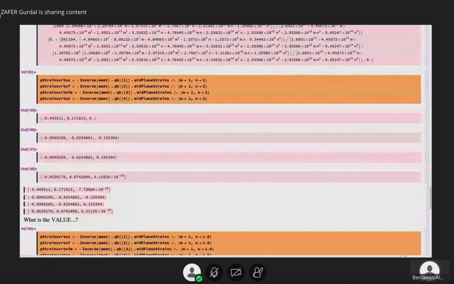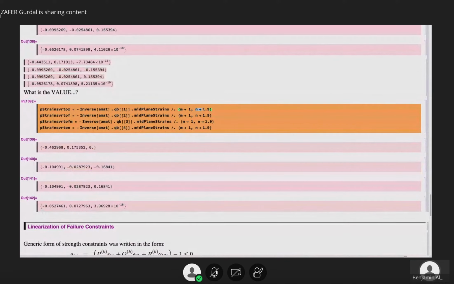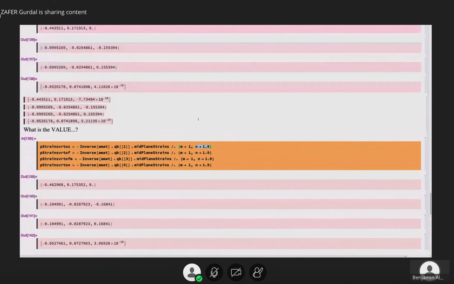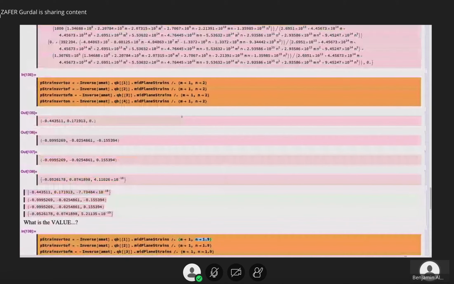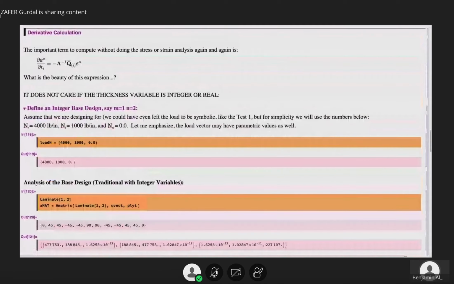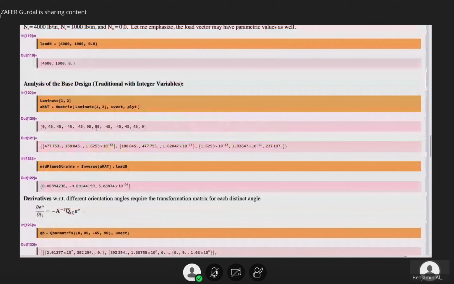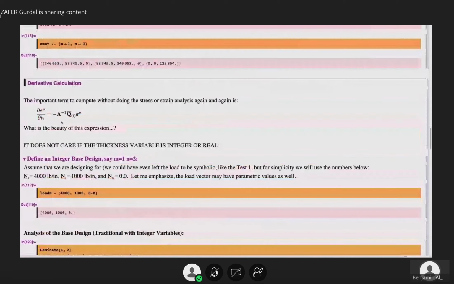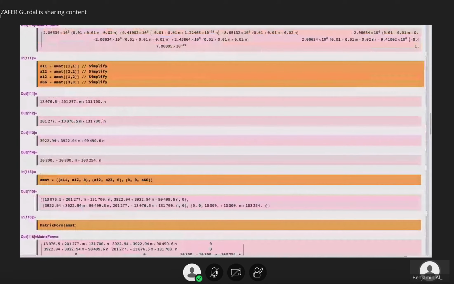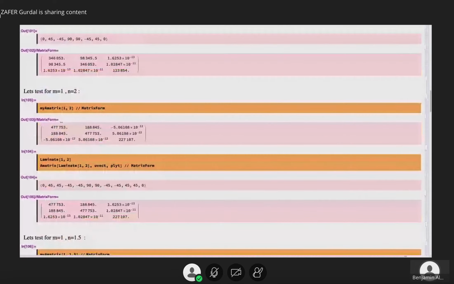And the advantage that we said of doing it this way is that if I want 1.9 as a non-integer value for M and N, the specific formulation that we used in defining the laminates will allow us to do that. And that was actually way up there. Let me go back up there again and show.